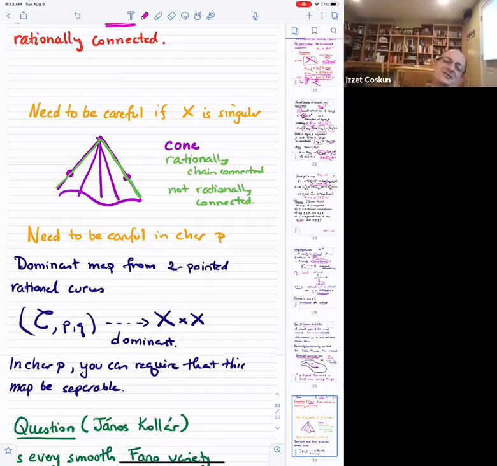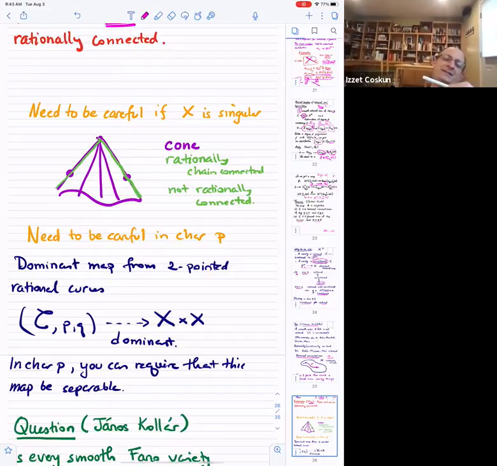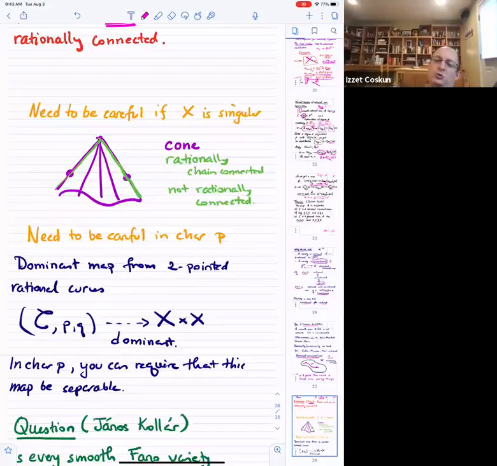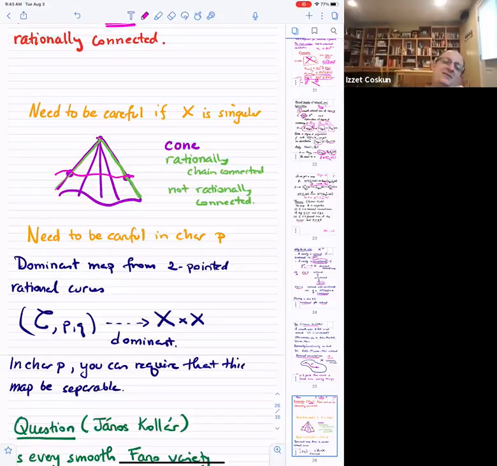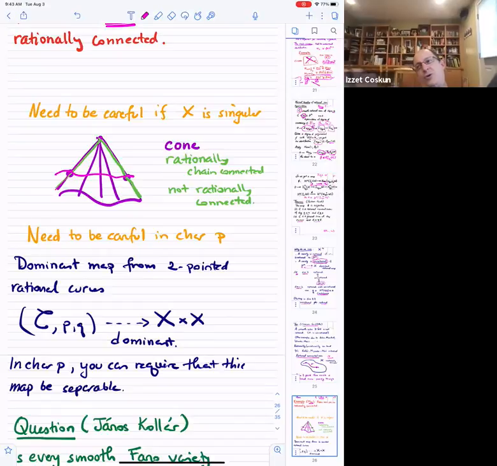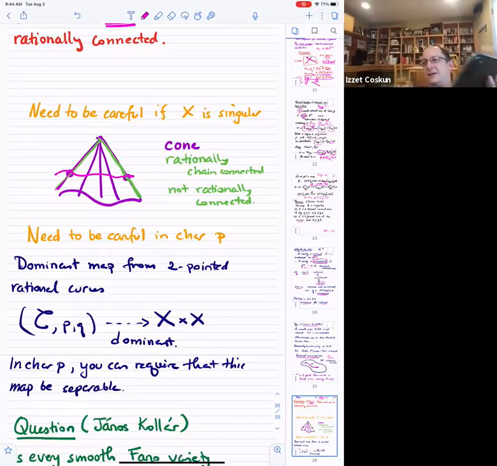Then this is rationally chain connected: if you have a point here and a point there, you take a line to the vertex and another line to the vertex, and you can connect them by two lines. But of course, you can't connect them by a smooth rational curve, because if you had a smooth rational curve like this, you could project it to the irrational curve, and a genus zero curve cannot map to a higher genus curve.